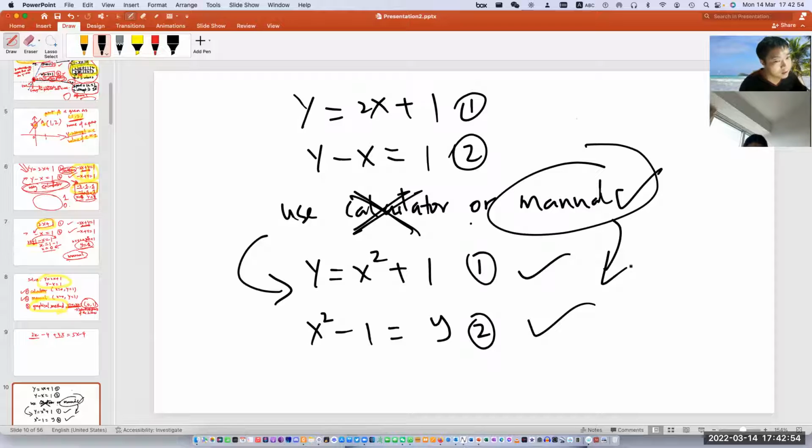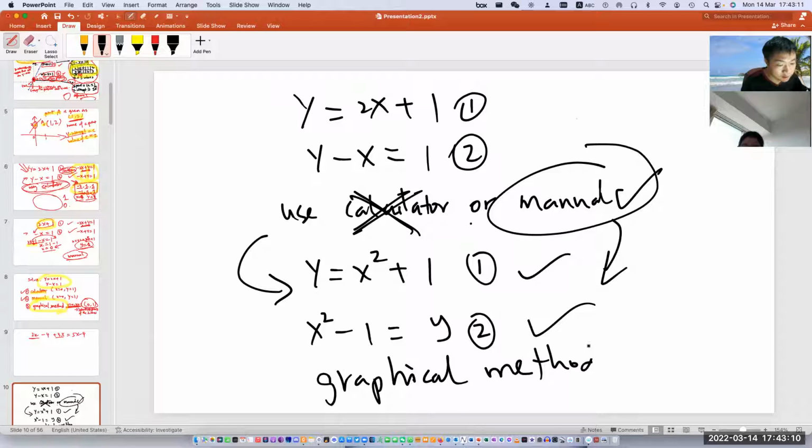Tedious means a lot of steps and a lot of work involved. Very complicated. Therefore, the value of the graphical method shines in this case.